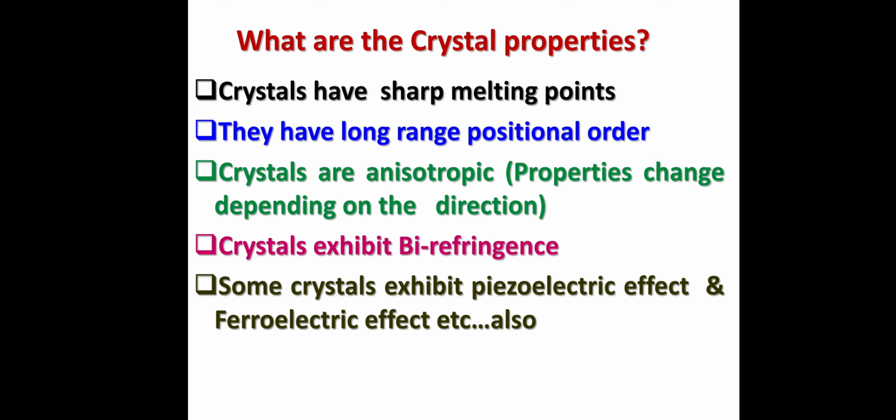They are used for production of ultrasonics. So you know the frequency range of infrasonics, audio and ultrasonics, that is sounds of frequency vibrating above 20 kilohertz, they are known as ultrasonics. So these properties are exhibited by some of the crystals: piezoelectric effect and ferroelectric effect.